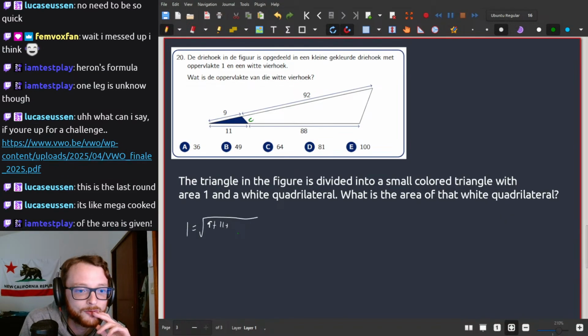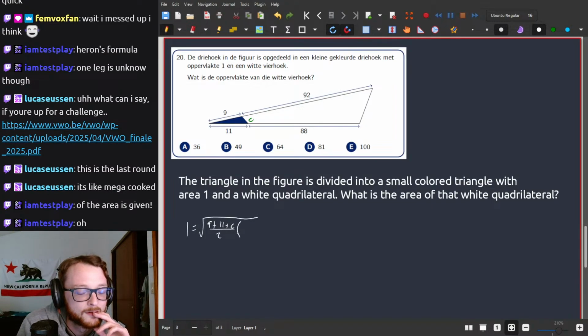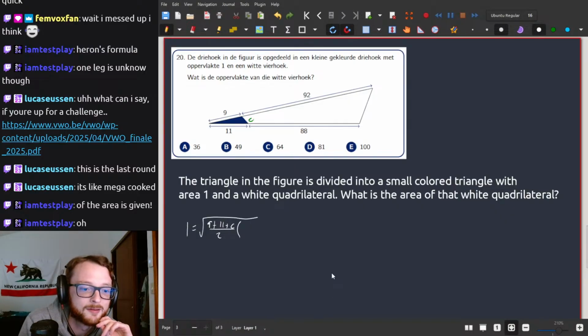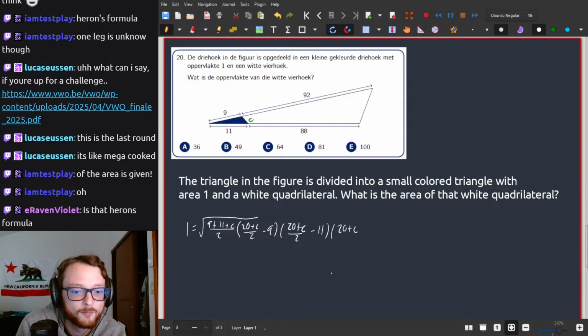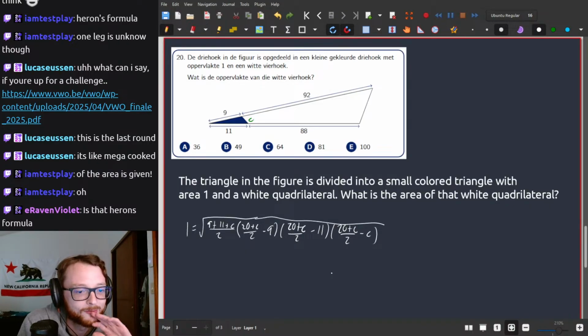I guess I'm gonna call this C, because why not? Yeah, the area of the small one is given. I don't want to solve this. This is terrible. Well, it's not that terrible, but it's still kind of annoying. We'd solve this equation for C. Yeah, it's Heron's formula.